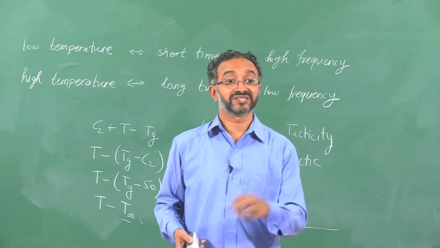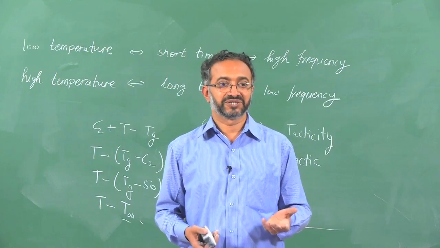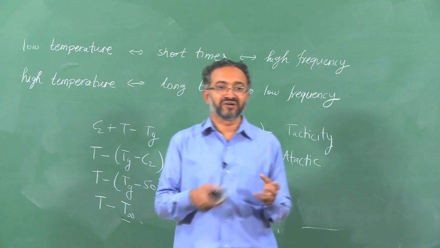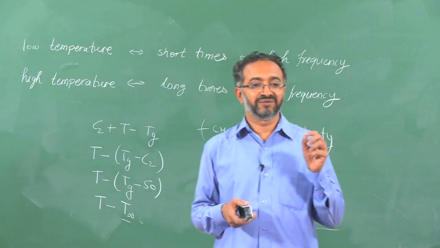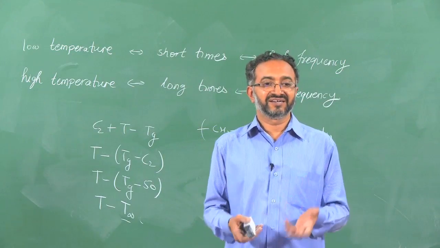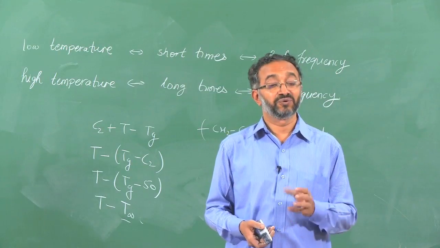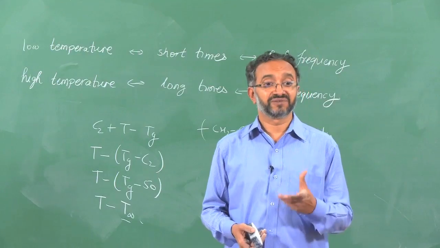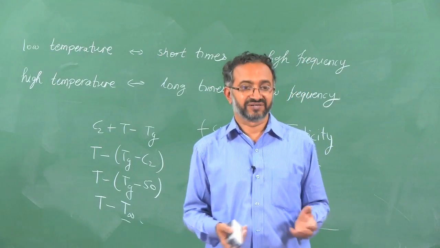So, people can do pH time superposition and so on. All of this is basically saying that by modifying a parameter like pH or temperature, you are modifying only the relaxation times. You are not modifying the nature of relaxation processes, then it will work.